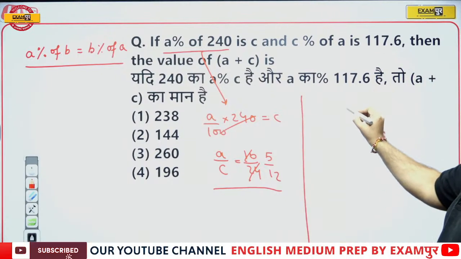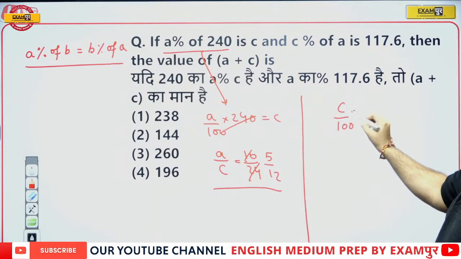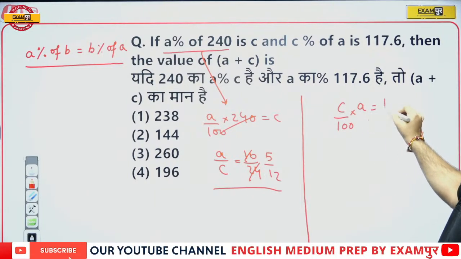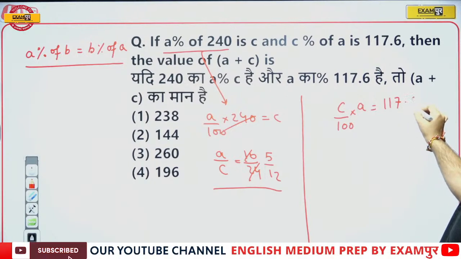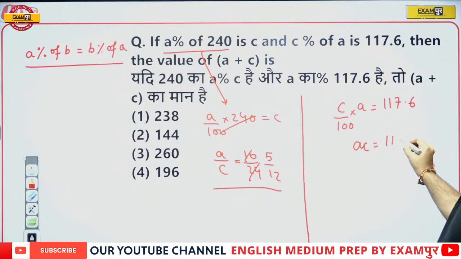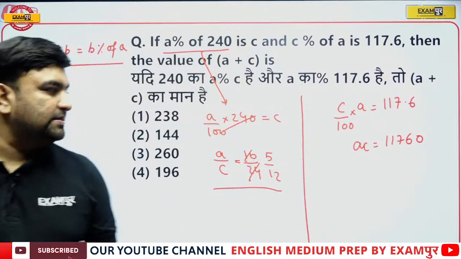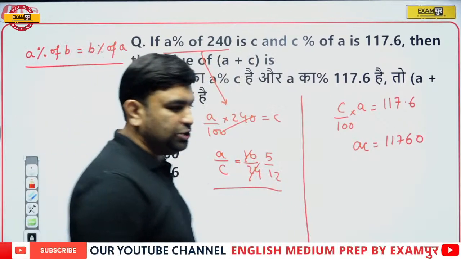From the second condition, C% of A is equal to 117.6. Or you can say AC is equal to 11760. From this condition, AC is 11760.